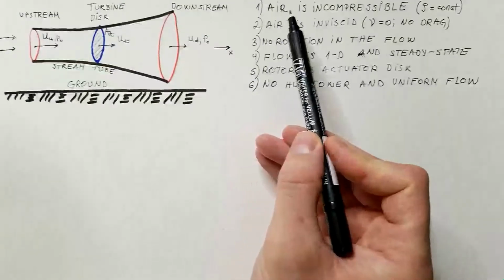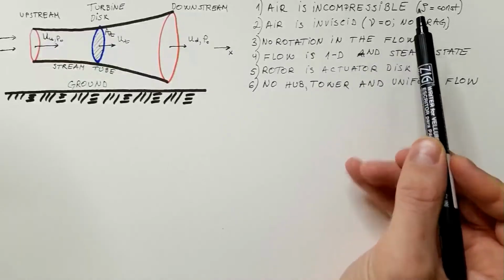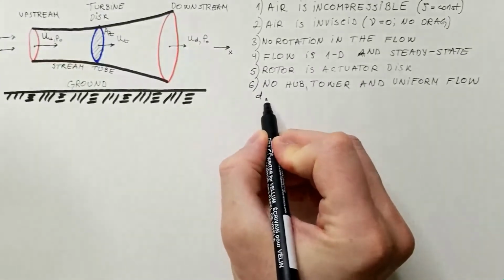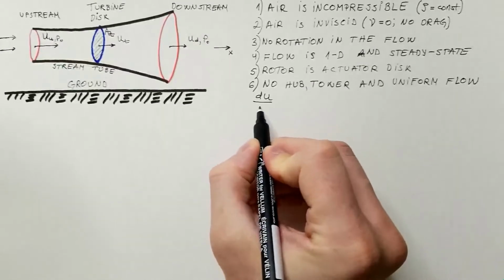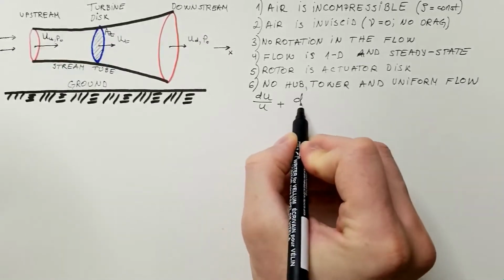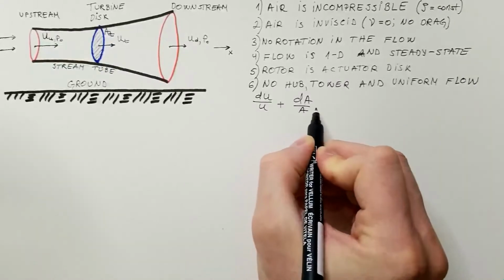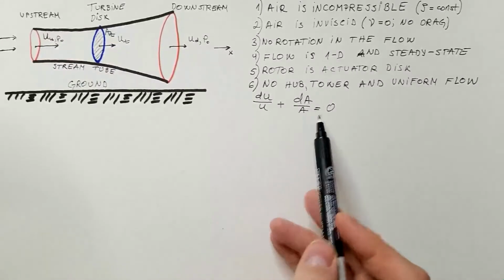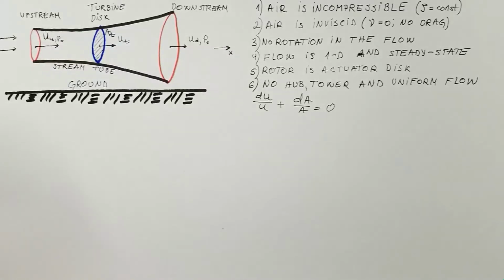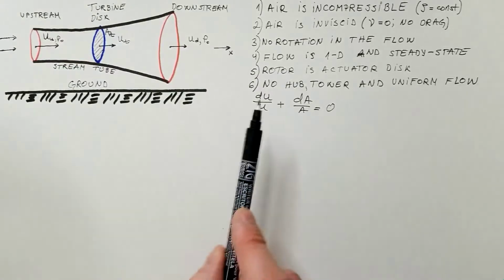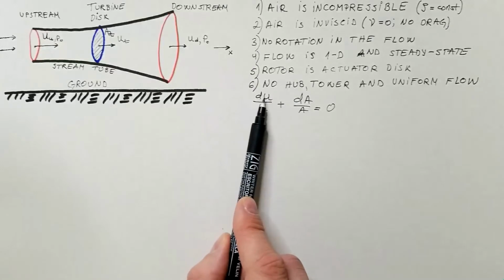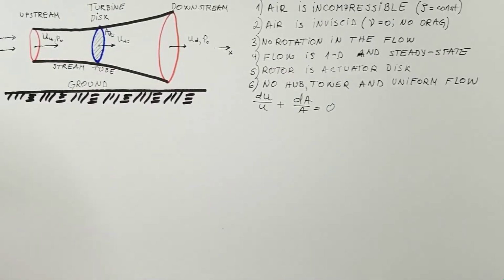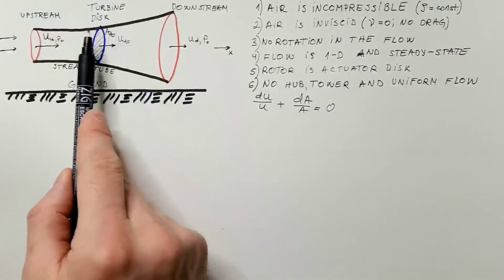Therefore, taking into account assumption number 1 of constant density, we can write the equation of mass continuity as dU over U plus dA over A is 0, or constant. Check my video on the continuity equation for a pipe, which means if velocity decreases, area has to increase to satisfy mass continuity. And that's what we see here.